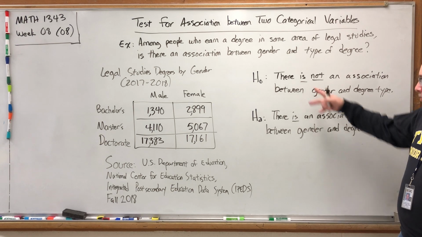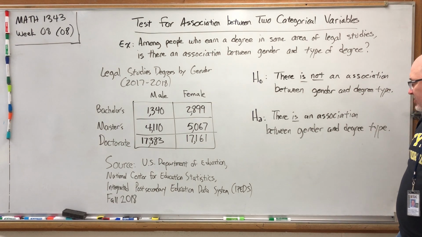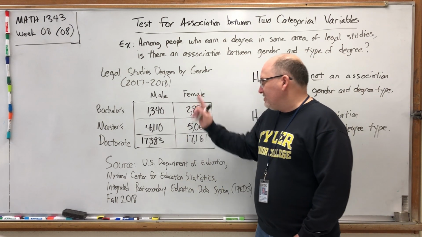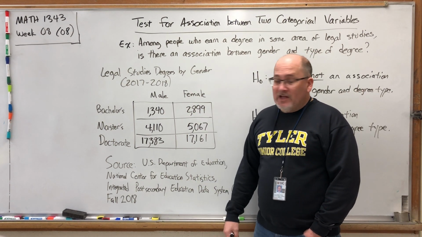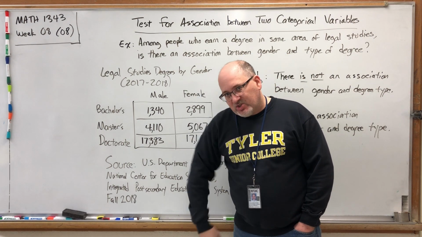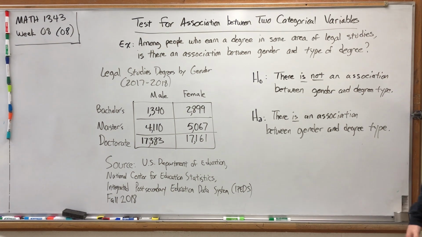So they are equal, which is what we expect of the null hypothesis. If there is an association, that means your gender would influence what type of degree you could receive, meaning that the proportions would not be equal, and not equals is a symbol that you would use in the alternative hypothesis. So there's a reason why the null is this and the alternative is that.